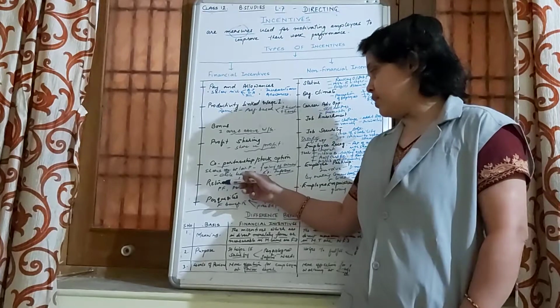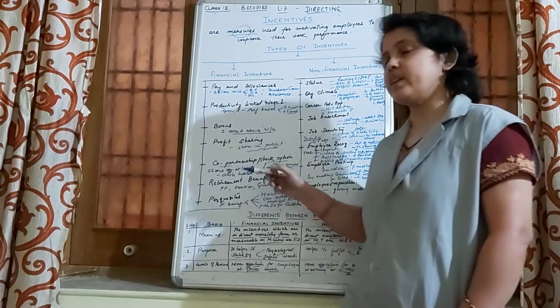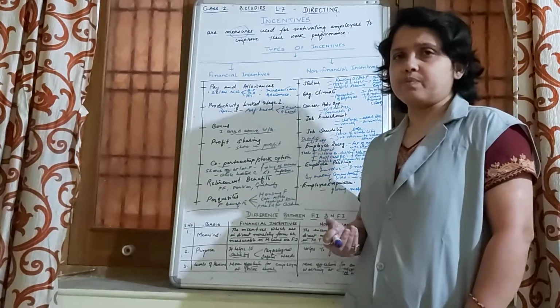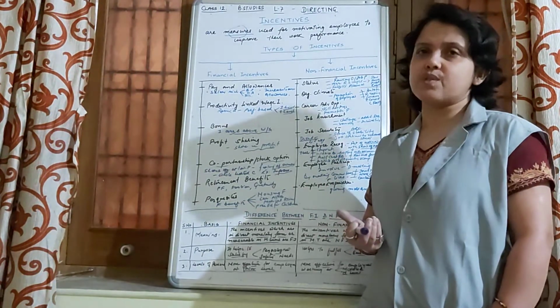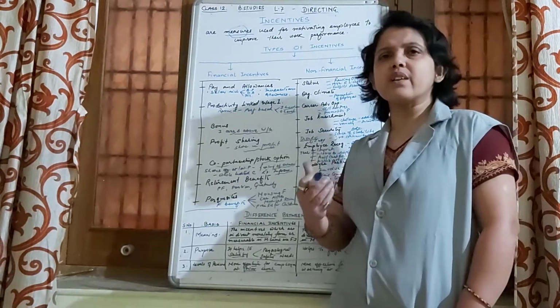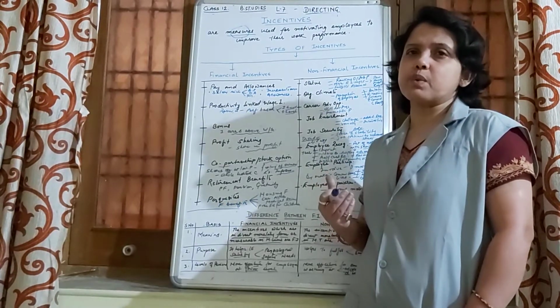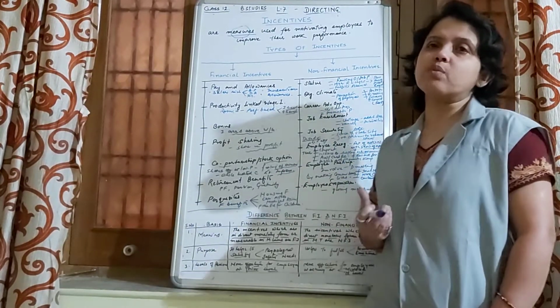Because after retirement, if such types of benefits are provided, the remaining life of a person becomes secure. And that gives a kind of emotional satisfaction, psychological relief to a person, and that motivates a person towards such type of job.